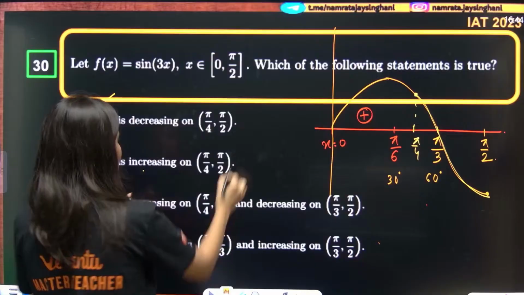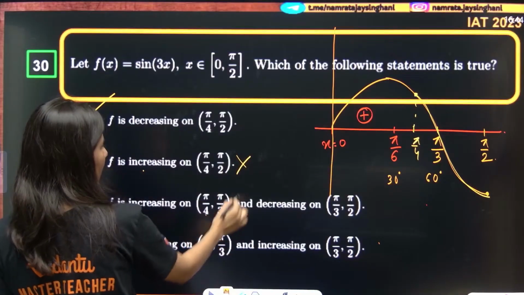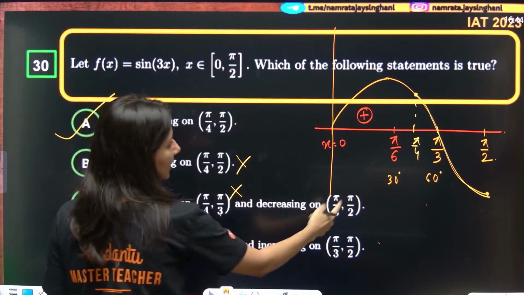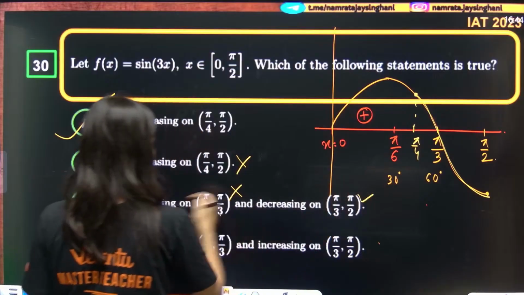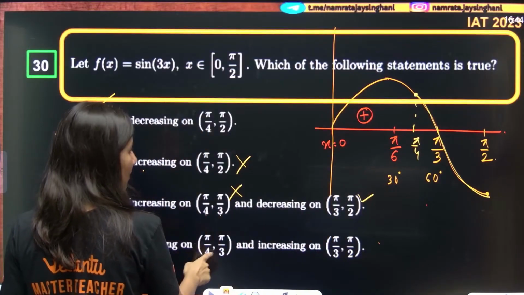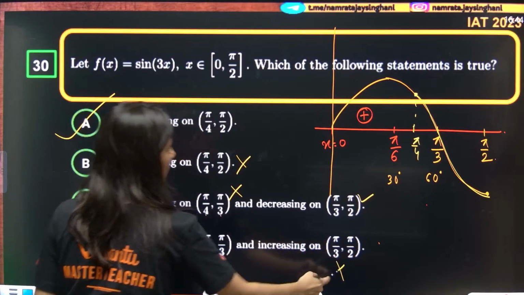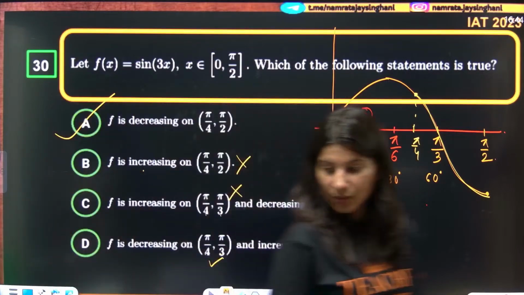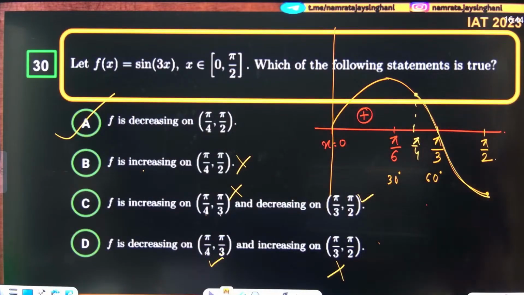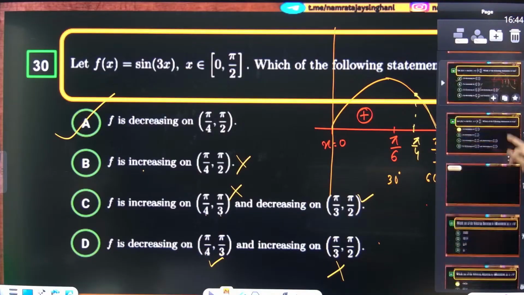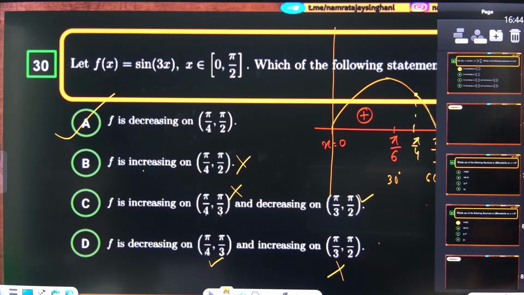Now increasing is absolutely wrong. Increasing between pi by 2 to pi by 3 is wrong. Decreasing pi by 3 to pi by 2, this is correct, but this one is wrong. F is decreasing pi by 4 to pi by 3, that is correct. Increasing pi by 3 to pi by 2, that is also incorrect. So only option A is absolutely right. Yes, only option A, have a look, is absolutely correct.